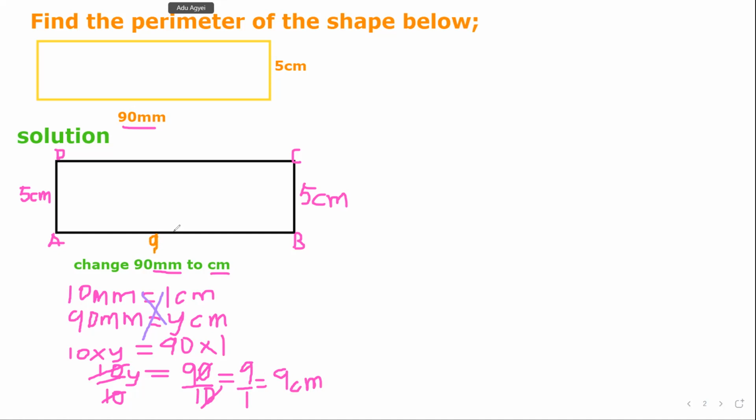When you change the 90 millimeters to centimeters, you get 9 centimeters. The opposite side is also the same. So here too is 9 centimeters.